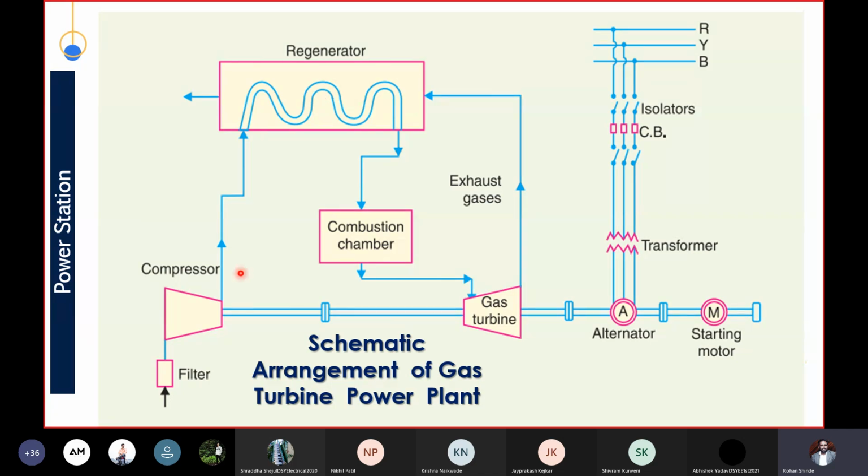Now, suppose at this point this air is at high pressure and the temperature is 0. That means the temperature of this air is 0. Now it is moving towards the regenerator, but the exhaust gases are already here, coming from the turbine, and they have some heat.